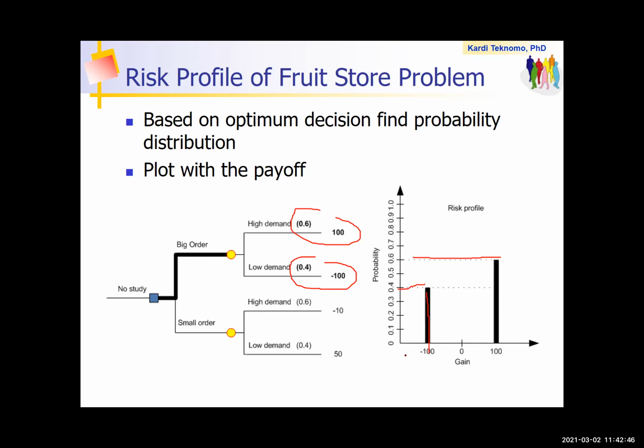Do you get the meaning of risk profile here? Risk profile is just a chart between the payoff and the probability. For your practice, give me the risk profile of small order. Can you draw it or not? Anyone who wants to share the screen?